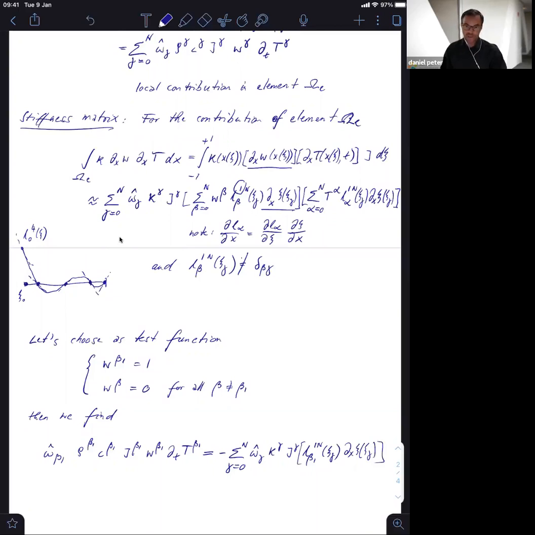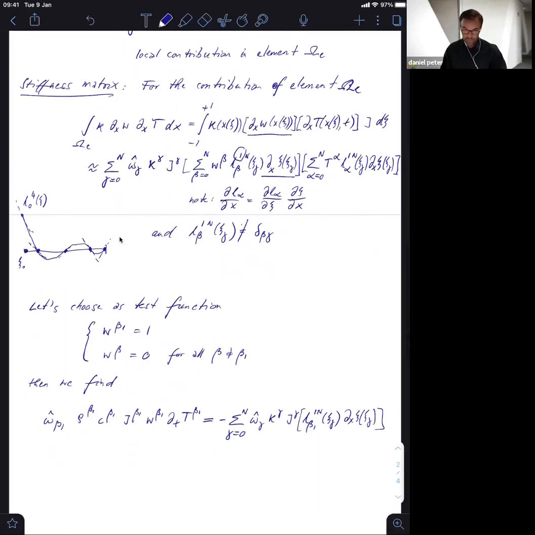So here the summation simplifies for the test function. The only non-zero term will be the one at beta 1, times the sum over alpha of the temperature coefficients, T alpha, and the Lagrange polynomial alpha evaluated at the position psi gamma times x of psi at psi gamma.